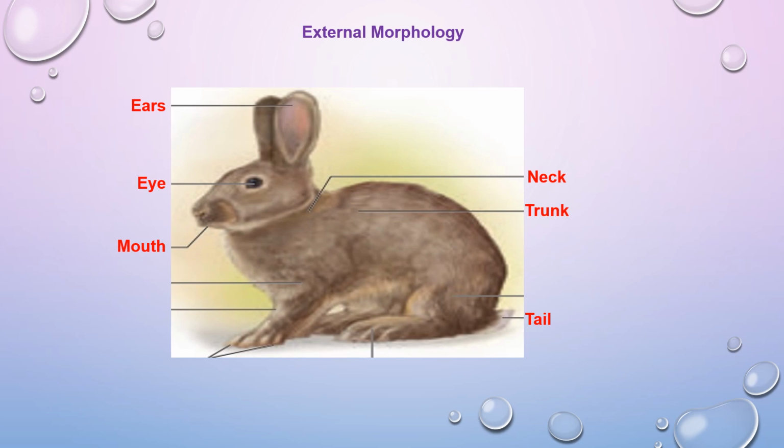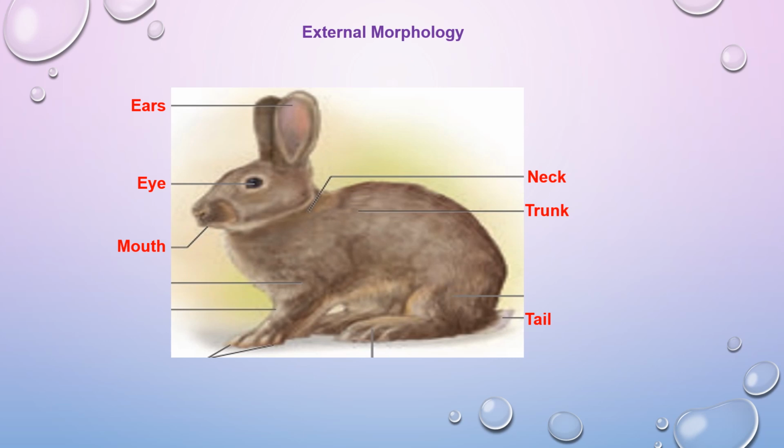On each side of the upper lip, some special hairs are present. They are called tactile hairs or vibrissae. Vibrissae means whiskers.